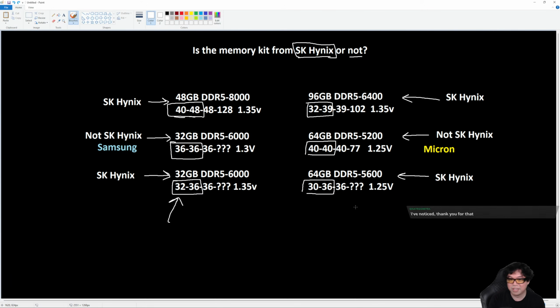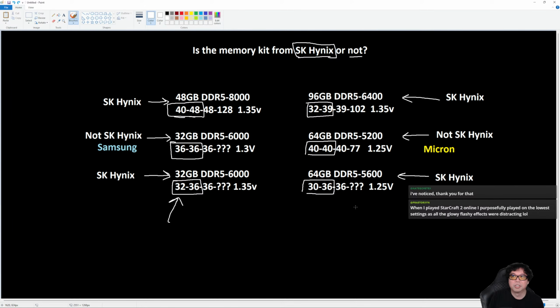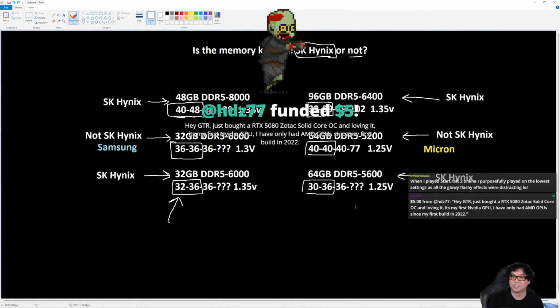So that's my method. I'm not going to go for some crazy number if I can't guarantee myself stability. Because how would I look if I'm live streaming and the game is crashing randomly due to an unstable overclock? That's not going to look professional. And that's why most pro gamers don't do that, because they don't want to deal with testing stability, assuming they even know how to overclock.